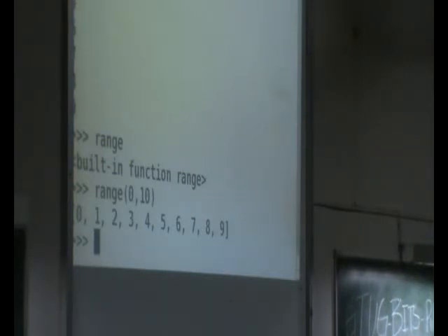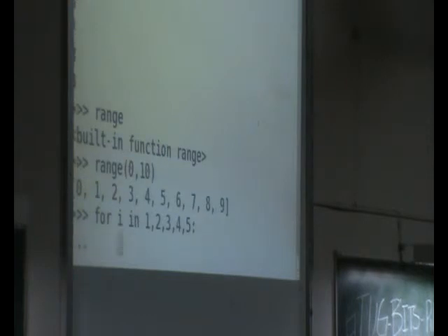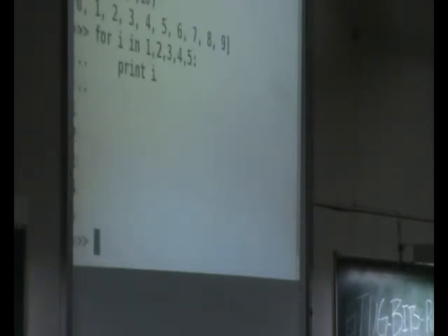So we could have written for i in 5, print i. So there is nothing binding range with the for loop.